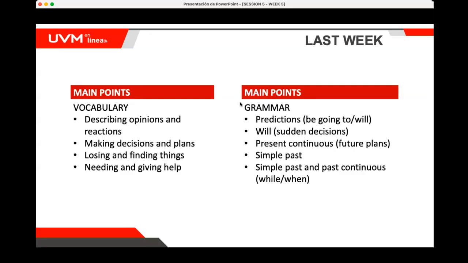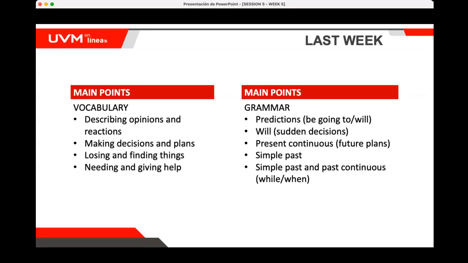Then for the grammar review, I think last week was a very important week because we reviewed some important facts about the future in general. You worked on predictions with be going to and also with will.